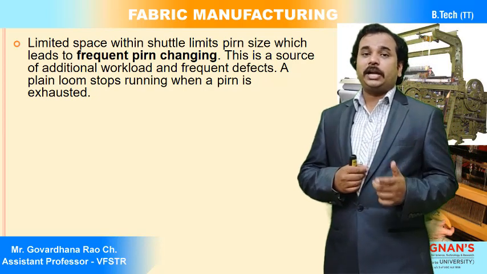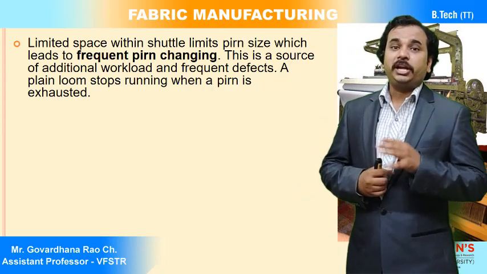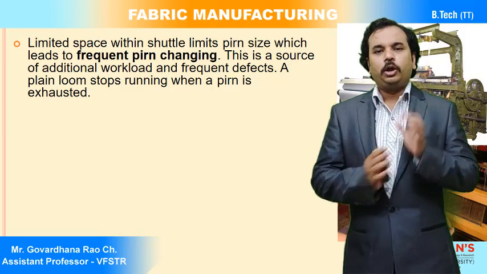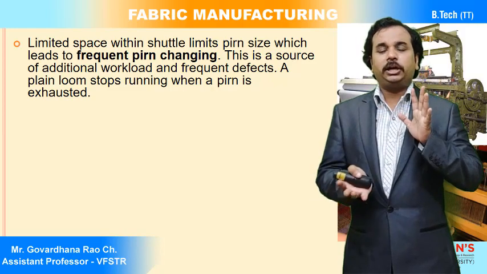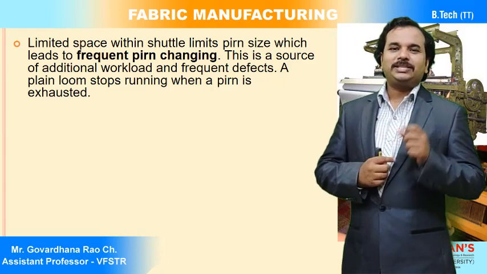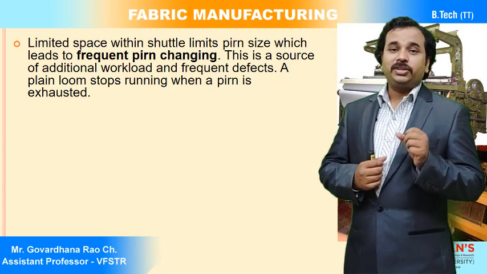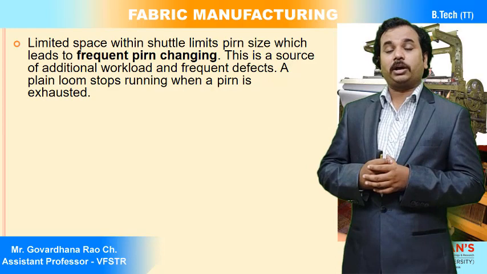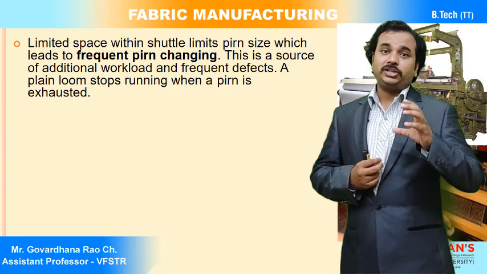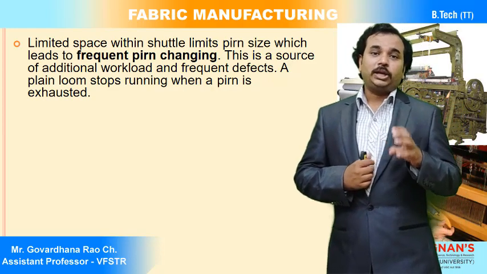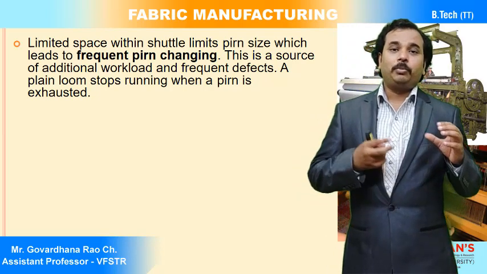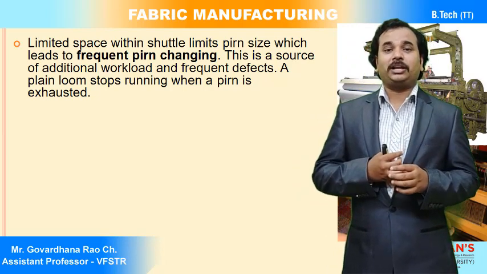Along with that, if you increase the dimensions of the shuttle, the shed depth, the shed opening, should be more. If you open more shed, you strain the warp sheet, and if the strain is more than the yarn strength, yarn breakages can occur. So there is a limitation of the shed opening. That is why the shed and the shuttle should be interconnected.